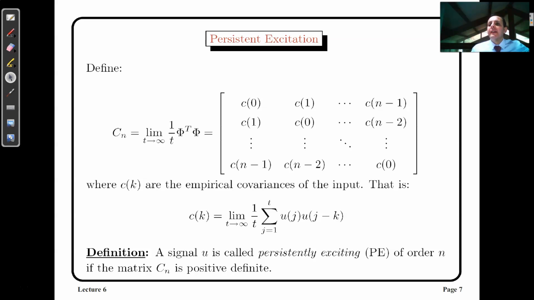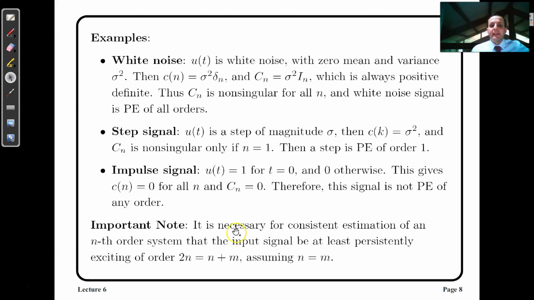But in general, for other signals, for example the step and the impulse signals, these persistently exciting conditions have limited validity. So normally, if you can apply your input, white noise is the best. It represents the best choice.